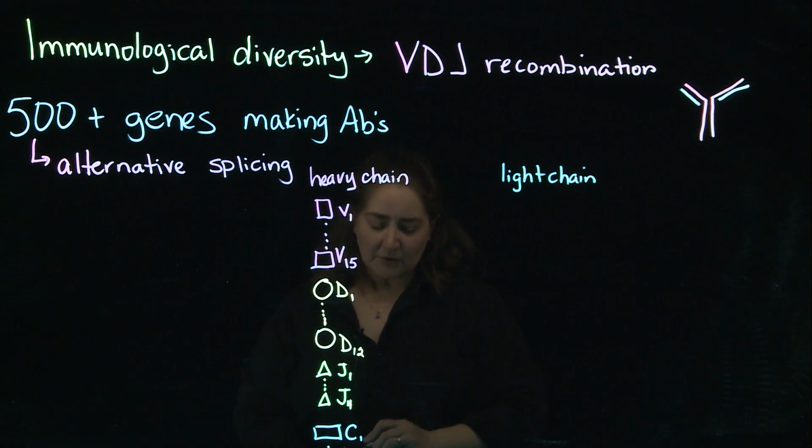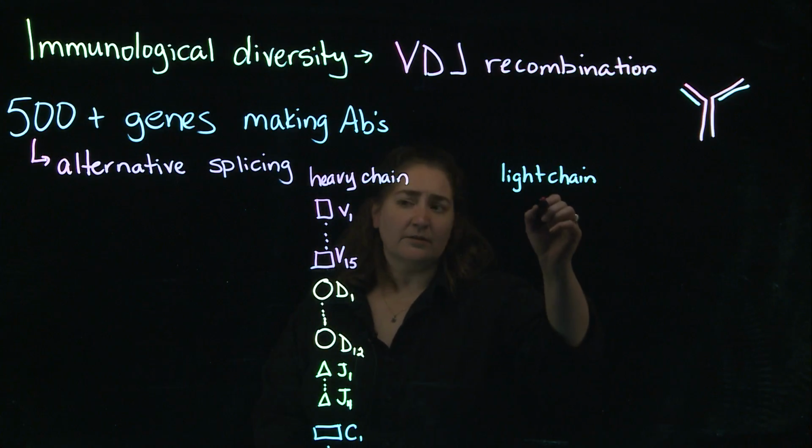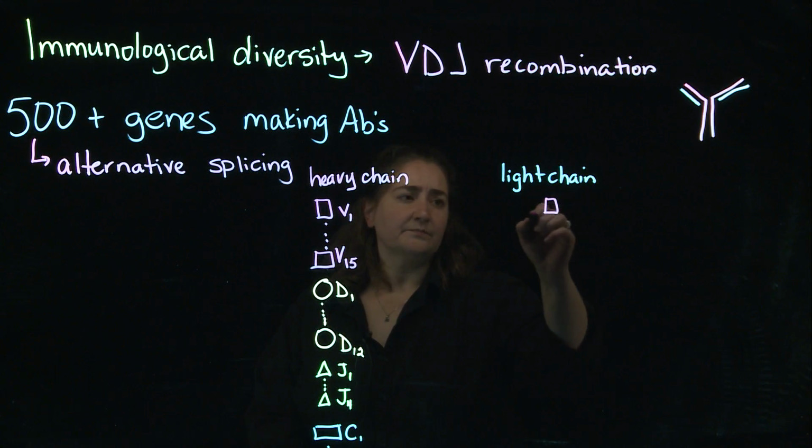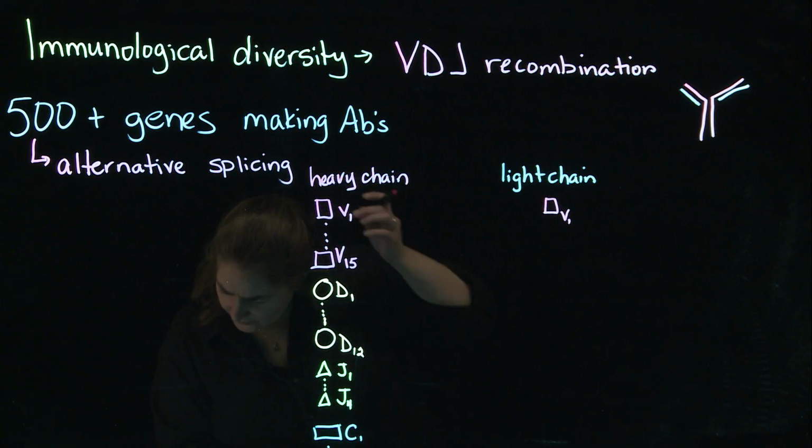Then with our light chain, we're going to have a similar organization of genes, all right? We're going to have V1, and I forget the number. Oh, these go into the hundreds.